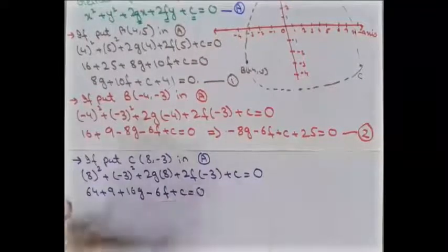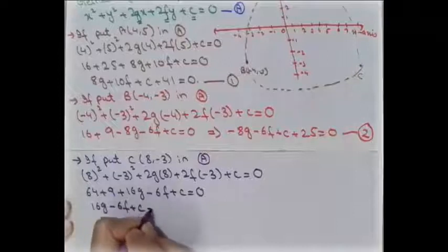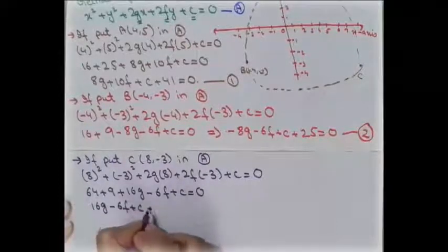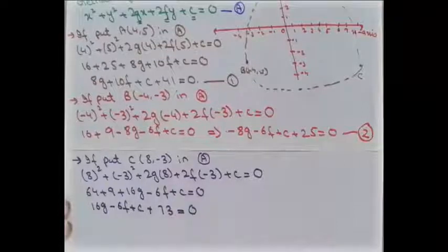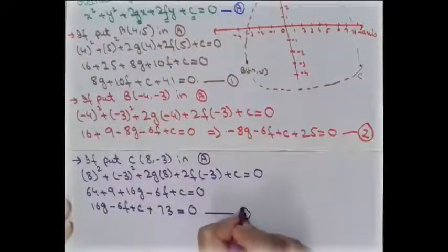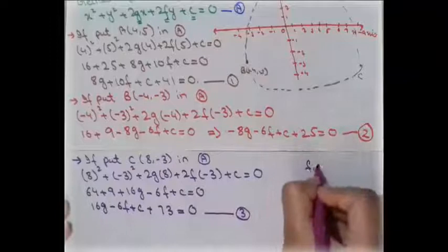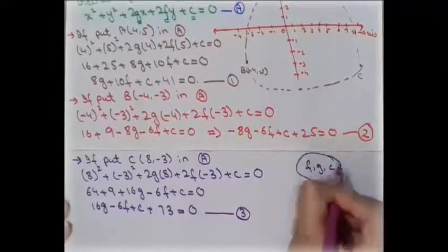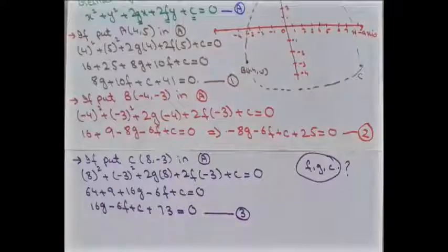Adding these two numbers, it will be 73, which is equals to 0. And we said that this is equation 3. Basically, we use these 3 equations to find the values of f, g and c, and after this put the values in equation A to find the final equation of a circle.